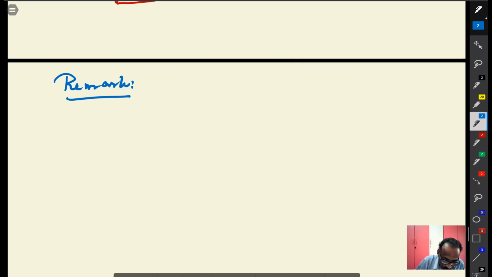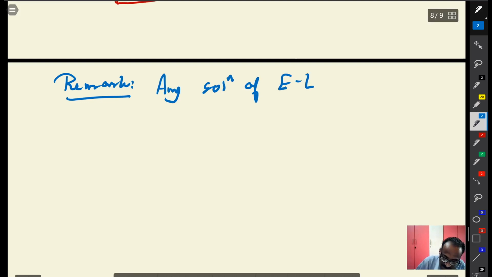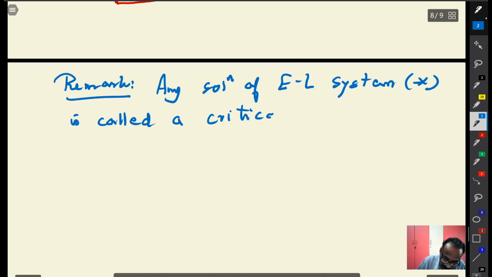So any solution of the Euler-Lagrange system star is called a critical point, exactly like a critical point of f.